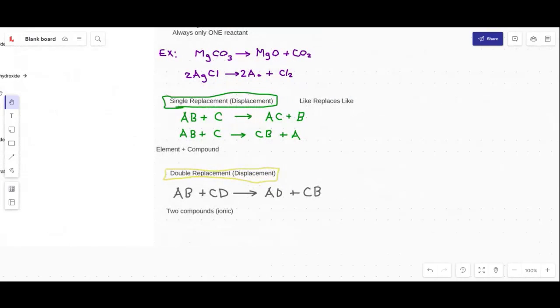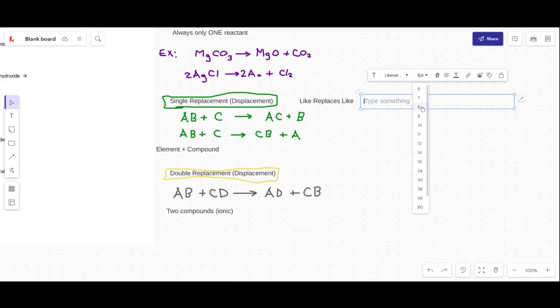Let me type that out here as a bit of emphasis. So this is positive charge switches with positive charge, or positive ion switches places with positive ion.